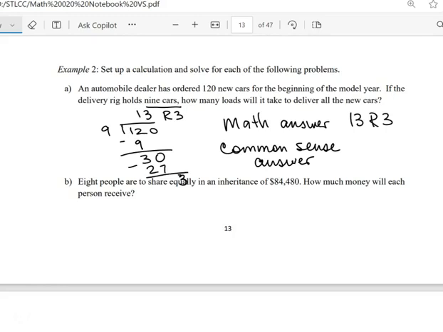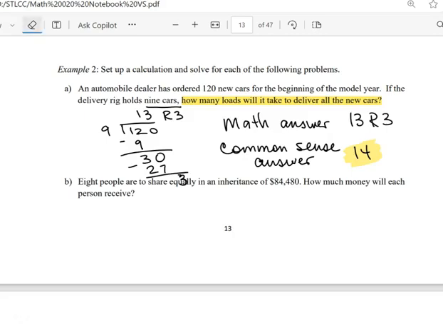The last truck will have 3 cars. Okay, because it is asking you how many loads will it take to deliver all the new cars, and that will be 14 loads. 13 completed loads plus 1 extra that would only carry 3 cars.